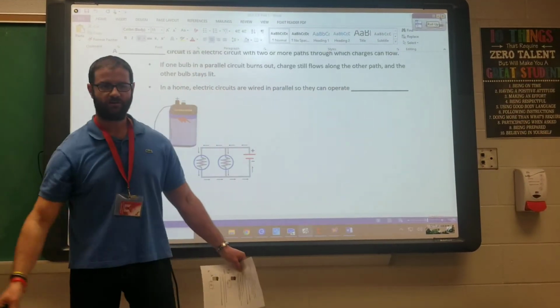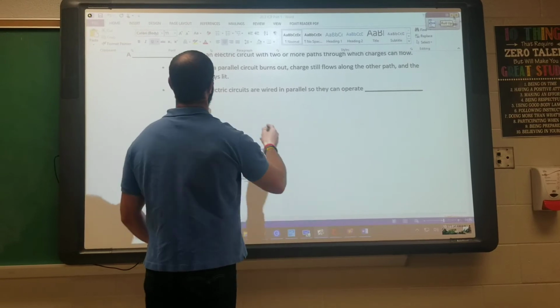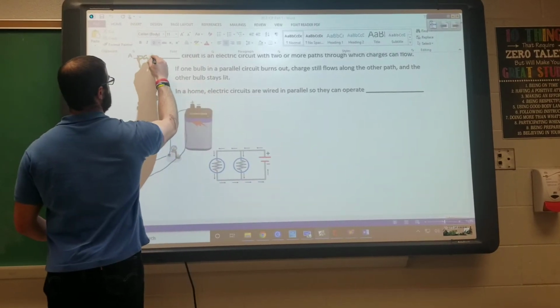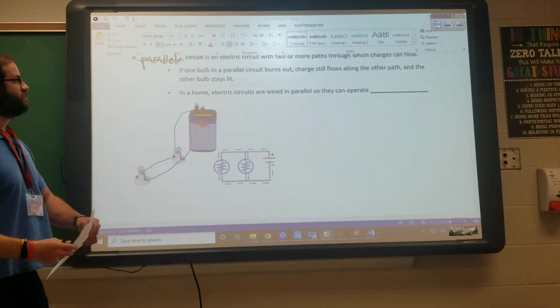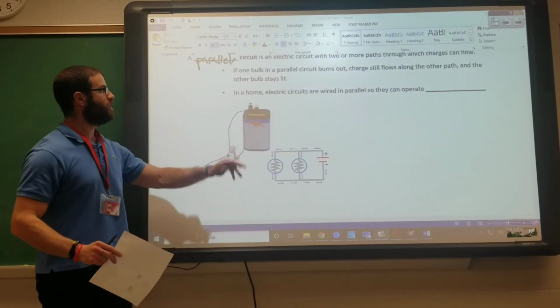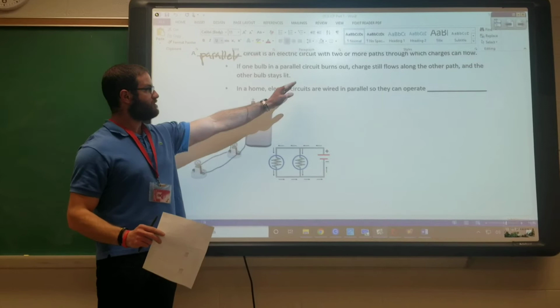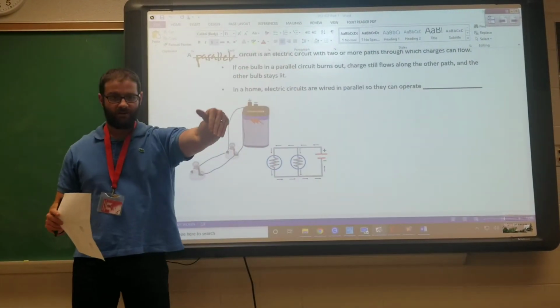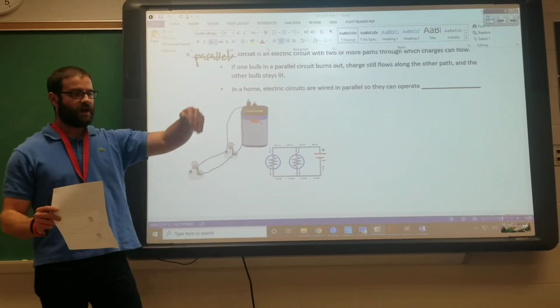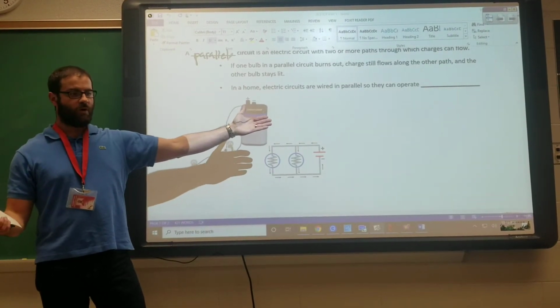Remember, series circuit, there's only one path for the charge to flow. So a parallel circuit, so two or more paths through which charge can flow. So if one bulb in a parallel circuit burns out, charge can still flow along the other path, okay, and the other bulbs won't go out.